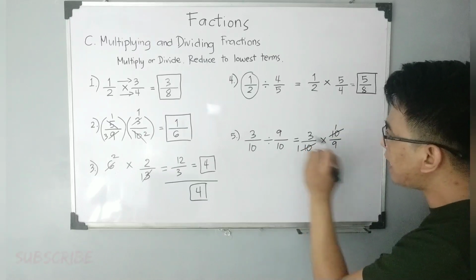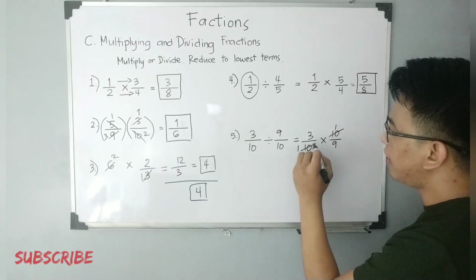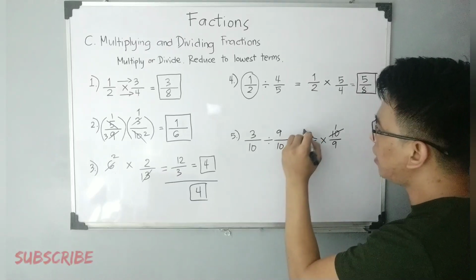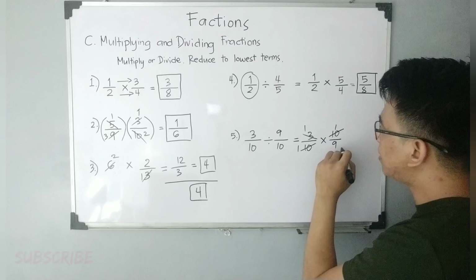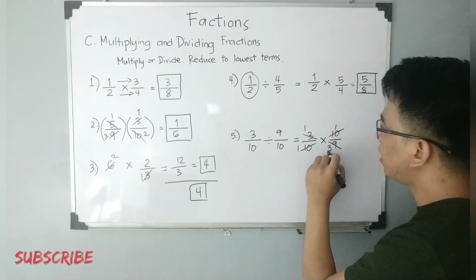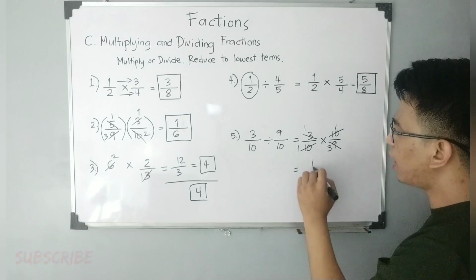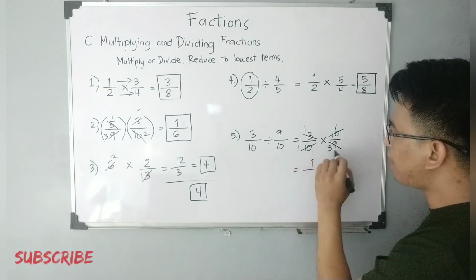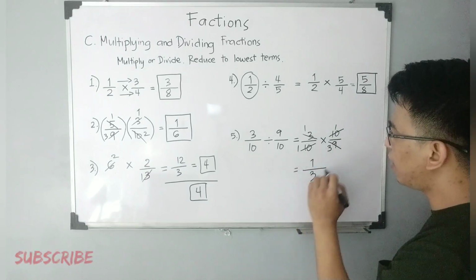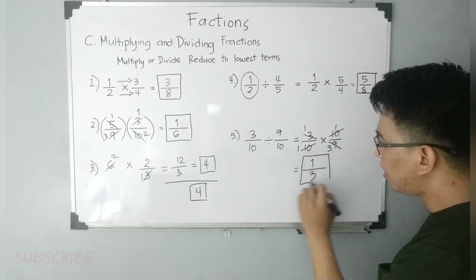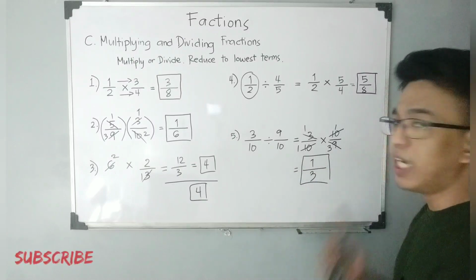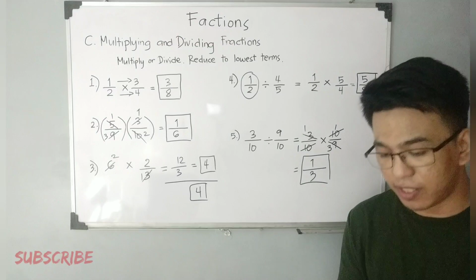And as for 3 and 9, their GCF is 3. We can cancel out 3 and it will become 1. As well as 9, it will become 3. So all you have here is 1 times 1. It will give you 1 over 1 times 3. That is simply 3. Wherein the quotient of this fraction is none other than 1 over 3.